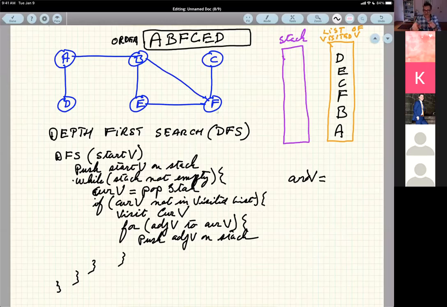I'm going to visit my neighbor, and then their neighbor, and then their neighbor, before coming back and visiting the other ones that are closer to me. I'm trying to go as far as I can first, as opposed to visiting everybody next to me and then everybody next to them and spreading out that way in the graph. It's just a different way of walking through the graph.